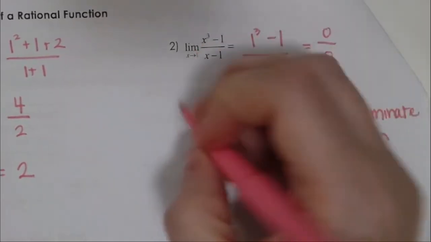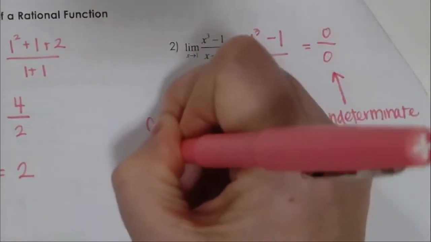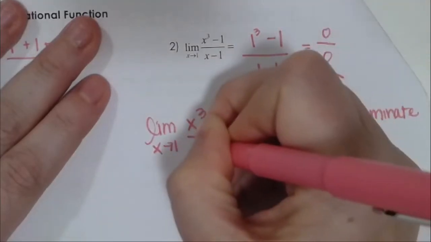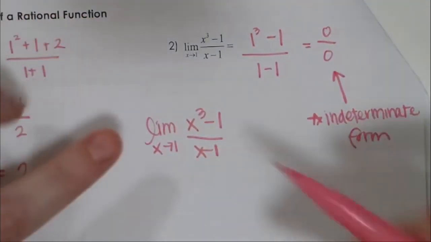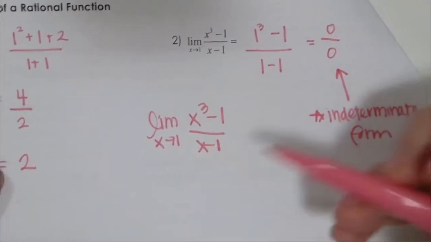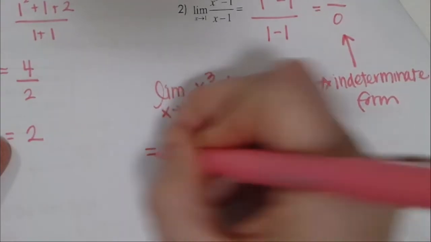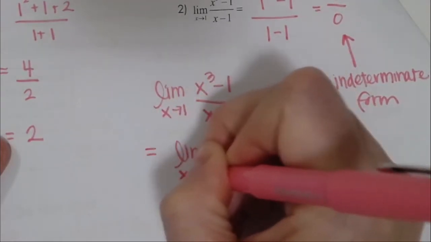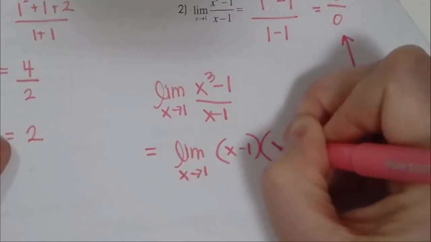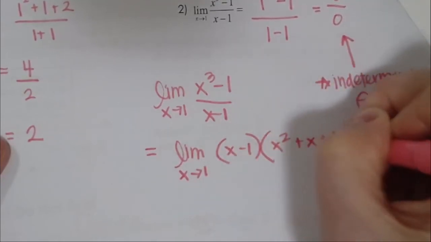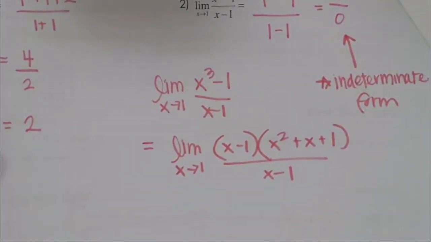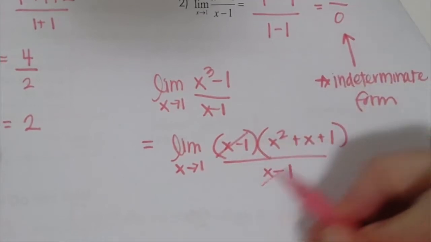So let's go back to the limit. The limit as x approaches 1 of x to the third minus 1 over x minus 1. Well, we talked about this in the other video, but x to the third minus 1 is actually a difference of cubes. And it has a special formula that helps us factor those. And that would be x minus 1 times x squared plus x plus 1, over x minus 1. And then we talked about this creates a whole.